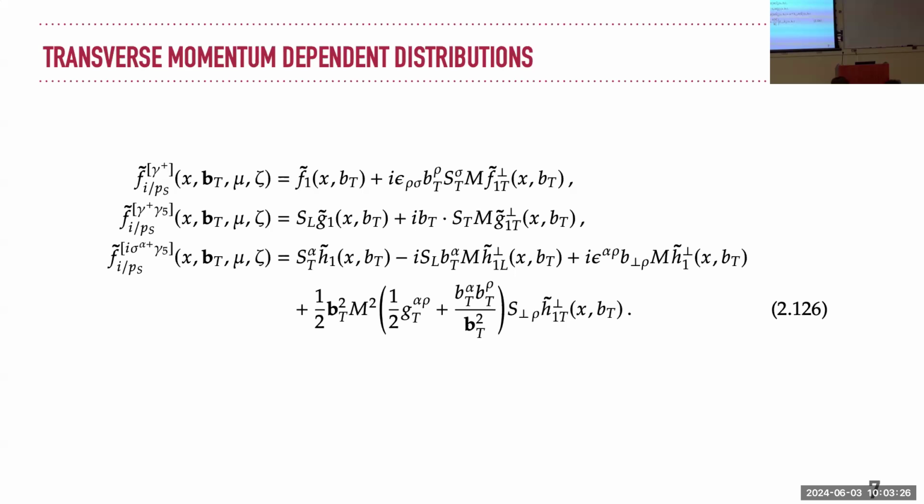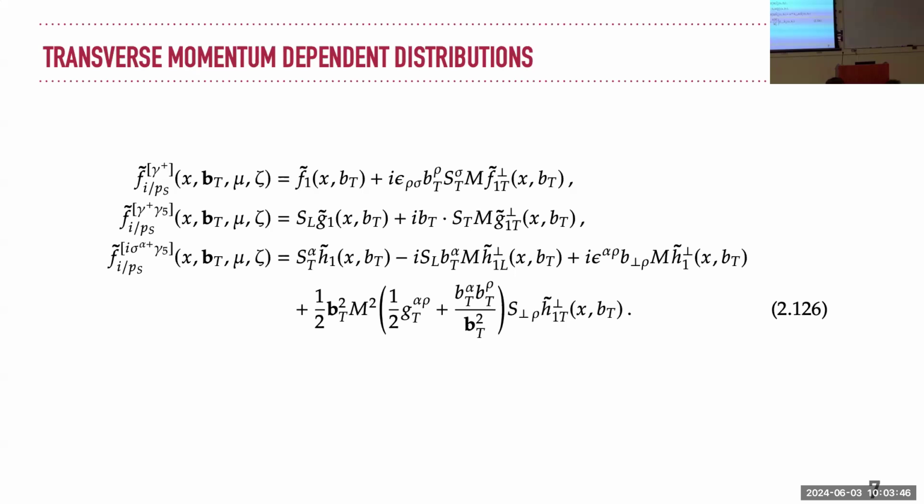So now, how do we do it? In order to pull out kt i or kt j, we need to take the derivative in terms of bt, because in our Fourier transform, we always have, well, it's not written here, but we have this exponent of minus i kt dot bt.